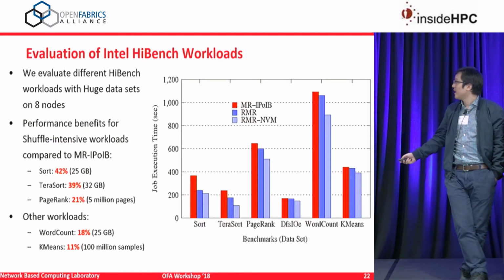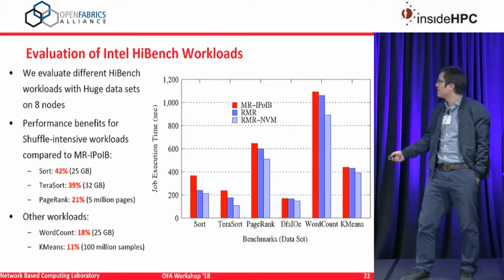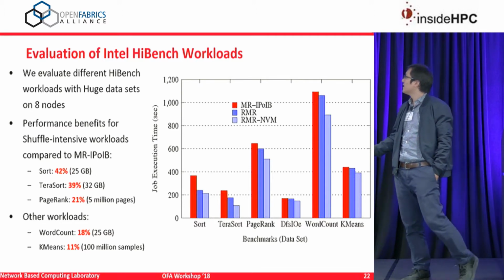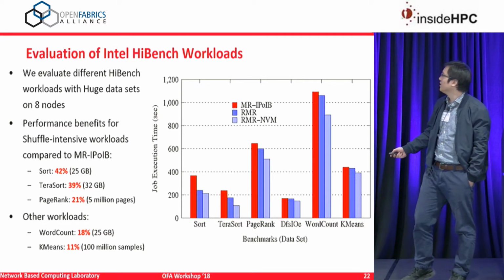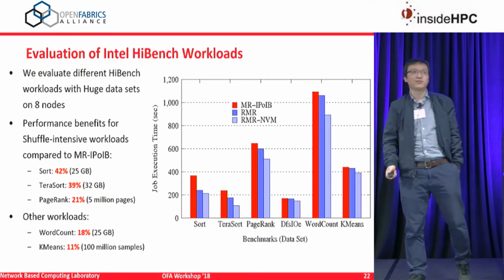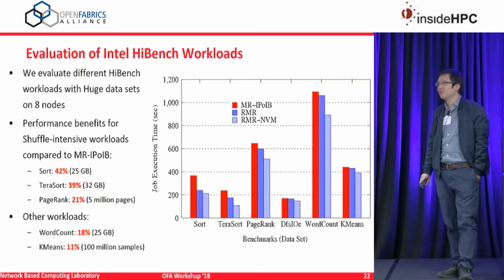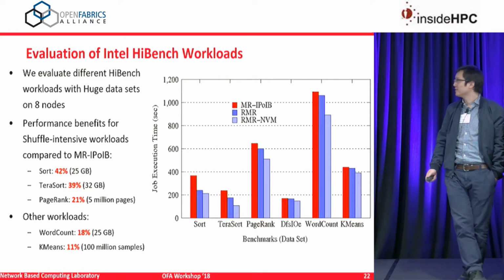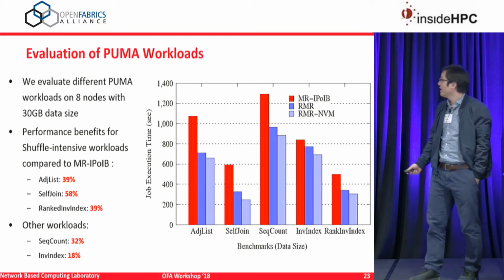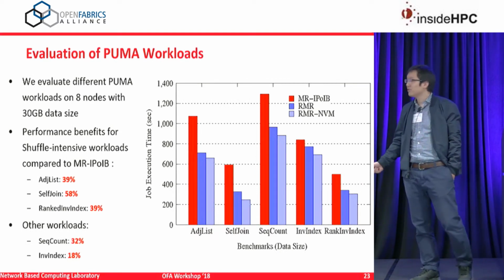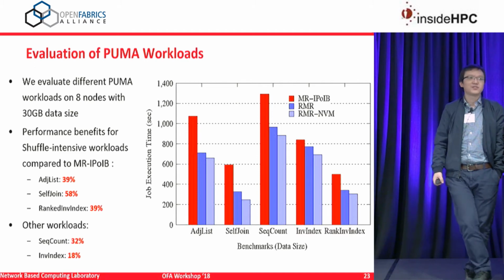Here we run some HiBench workloads, different kinds of benchmarks. Maximally, we can also see 42% or 39% performance improvement, depending on your shuffle data volume. And then there's another benchmark called PUMA, which was developed at Purdue University.